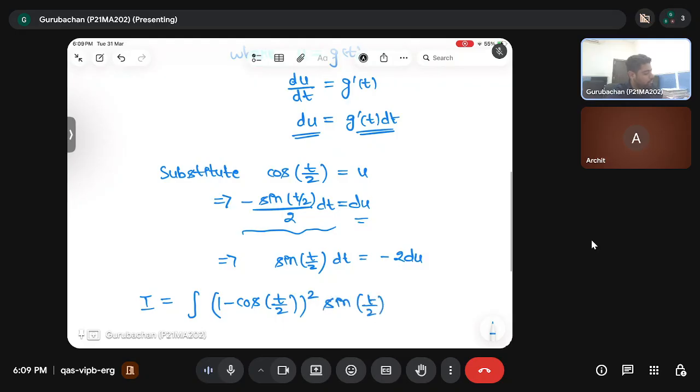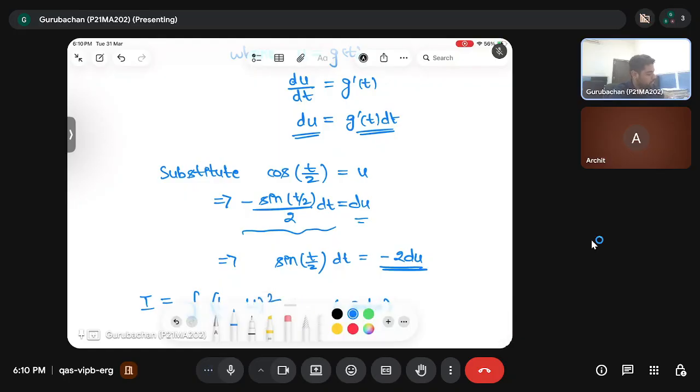Now this can be replaced with minus 2 du, and the remaining factor will give you only u. So if you write like this, this will be the scenario.